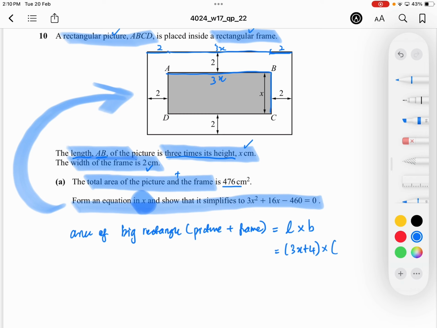Adam, what would be the breadth? Papermu ada peluang juga tu. 4.